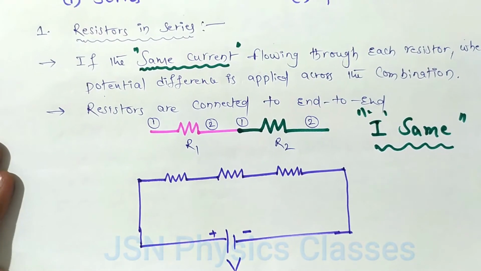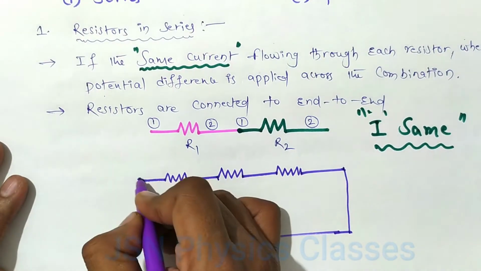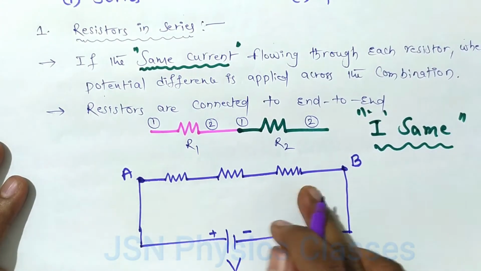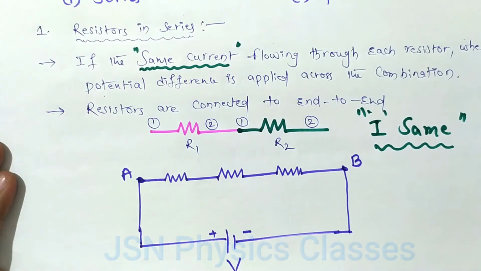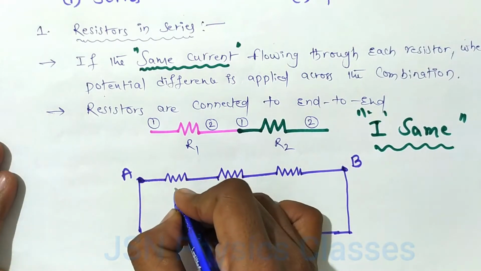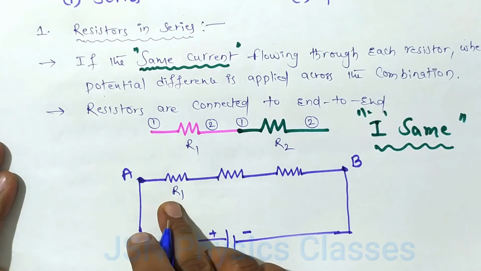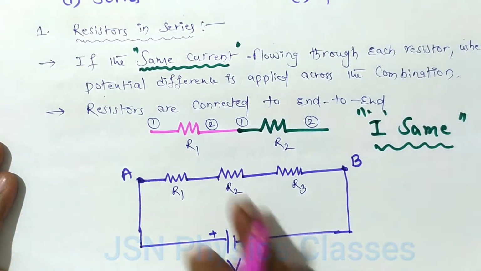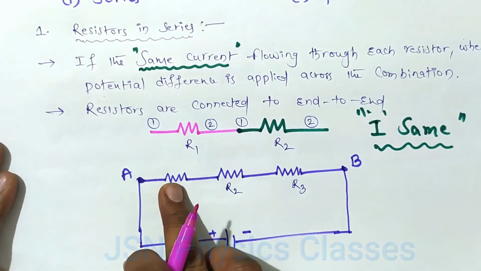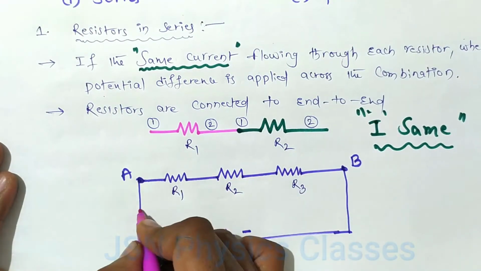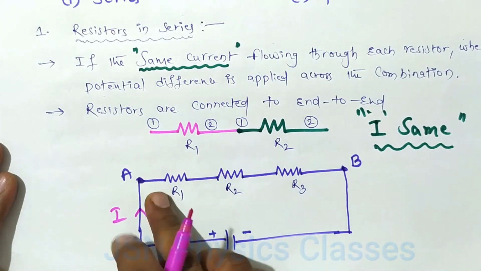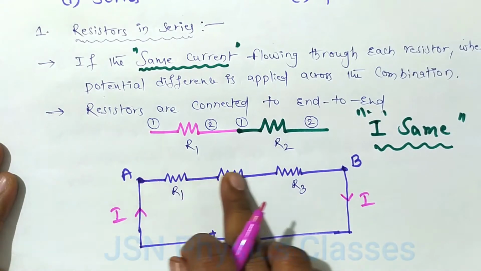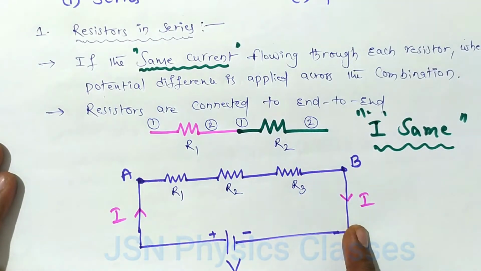Applied potential is V. When potential is applied across the combination, let the combination AB be the series combination of the three resistors. Let this be resistor R1, this R2, and this R3. According to the definition, the current passing through each resistor must be the same.